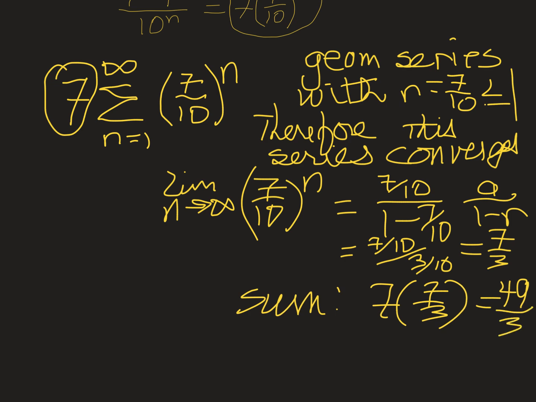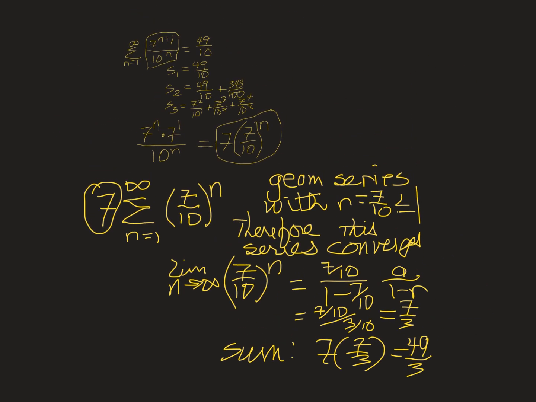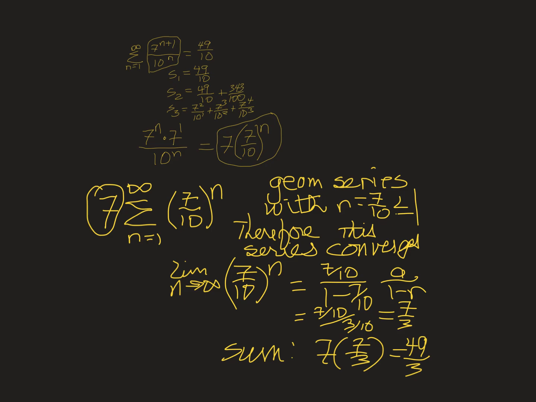And that's all you have to do if you encounter a geometric series. But you have to think about how you might rewrite sequences that are part of the series and so forth. That's an important thing to think about. Let's go on. So this one converges because it's a geometric series. So let's go on and do some others.